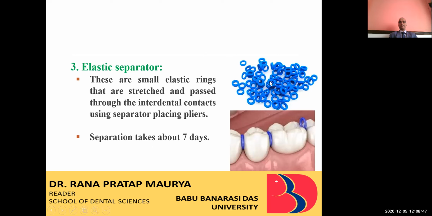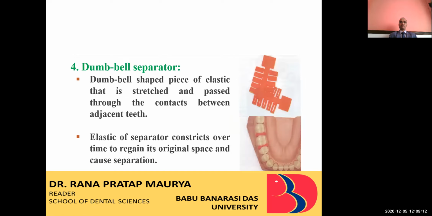Next is elastic separators. These are the most commonly used separators. These are small elastic rings that are stretched and passed through the interdental contacts using a special plier called separator placing pliers. With this, the separation takes place over 7 days. Next is dumbbell separators.